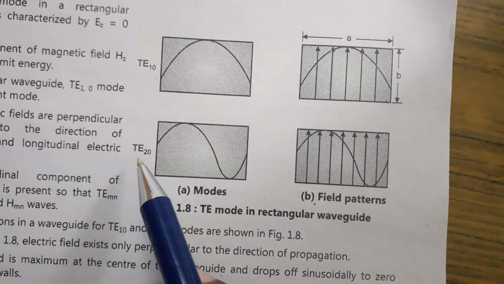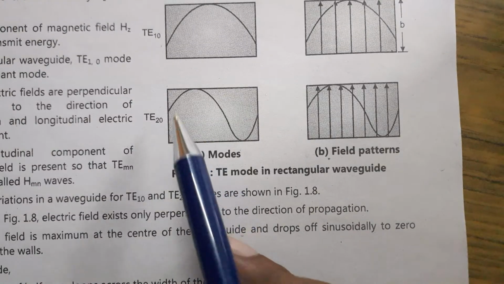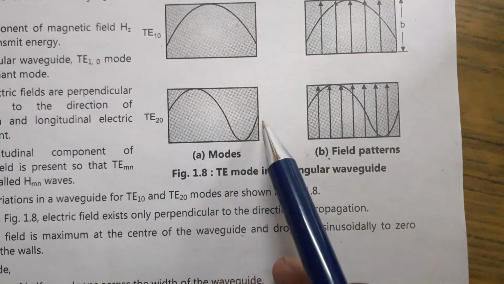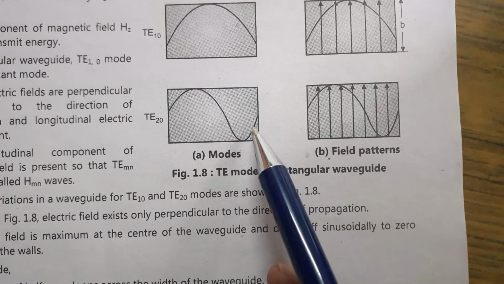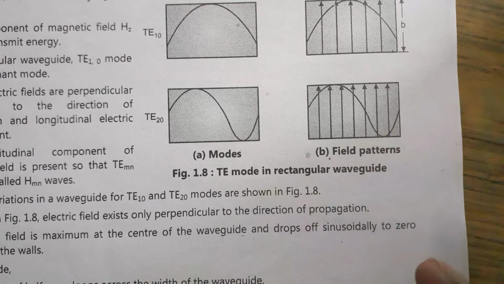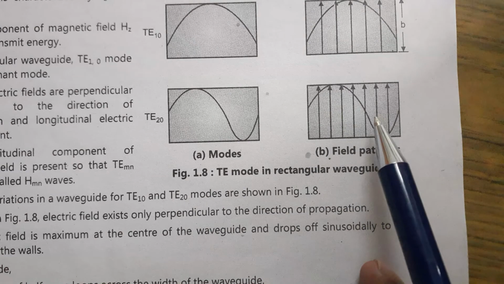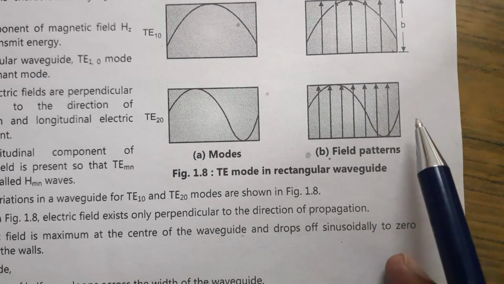Similarly, TE20 mode, if you observe this, it will look like this. So in TE20 mode, the electric field will also exist, perpendicular to the direction of propagation.